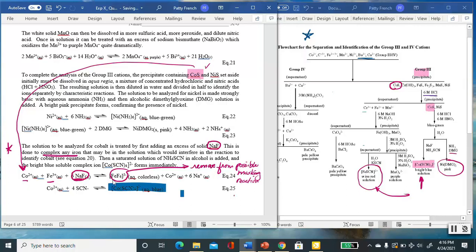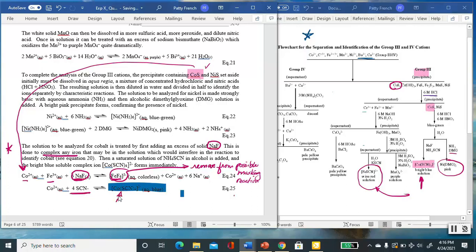Now this sodium fluoride causes the iron to make yet another complex ion, iron hexafluoride, 3-. This is colorless, so you can't tell that you've made it, but it does lock up that iron, and it removes it from possibly masking the cobalt when we add that thiocyanate.